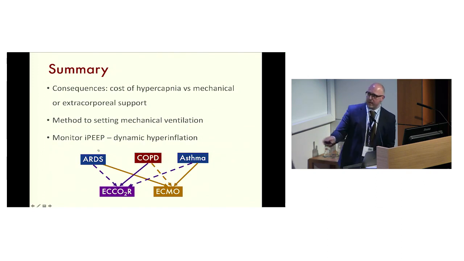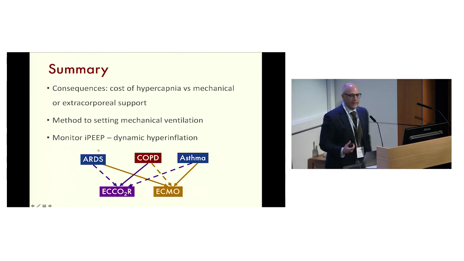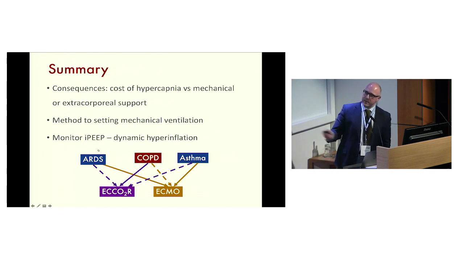Nothing comes for free, but you need to choose the least damaging option. Just have a method to go through systematically in terms of mechanical ventilation, maybe something consistent within the unit. Monitor the iPEEP and think that dynamic hyperinflation, so the amount of volume that is left at the end of expiration, rather than just the PEEP, is what causes the barotrauma.